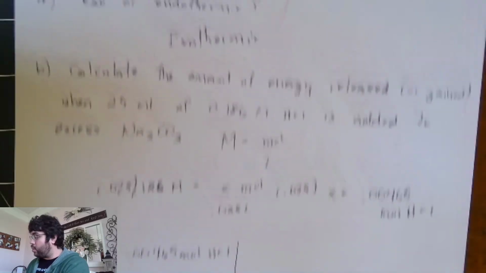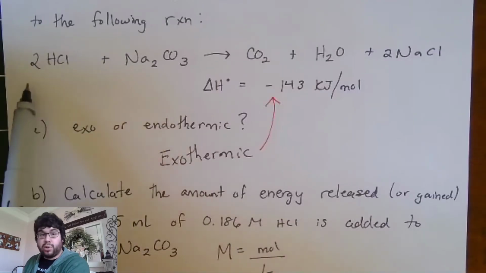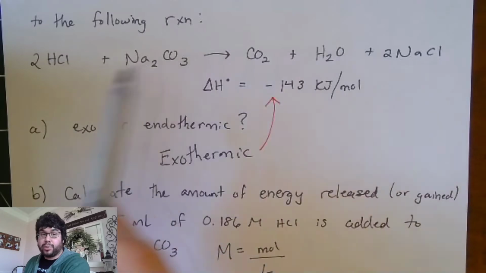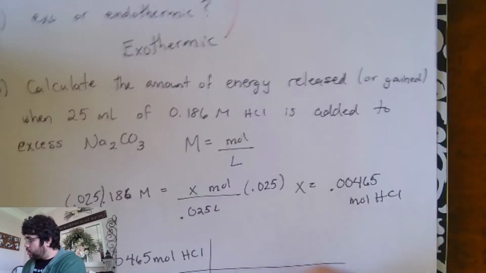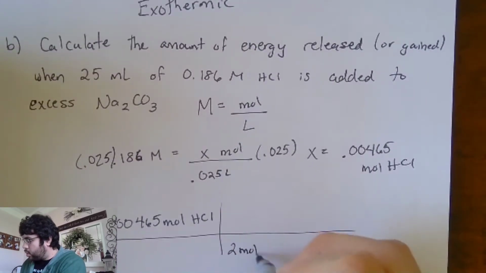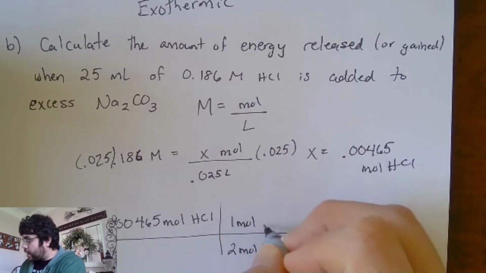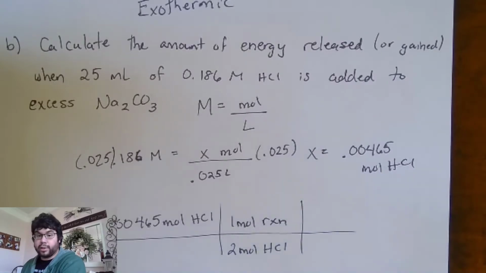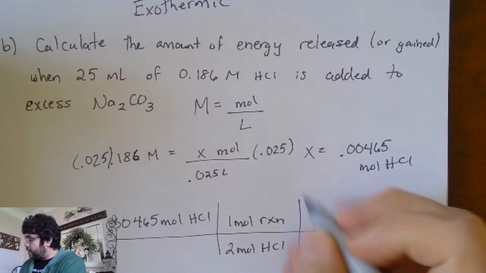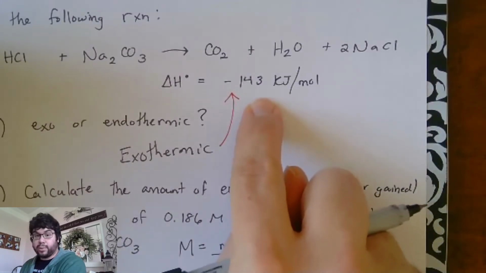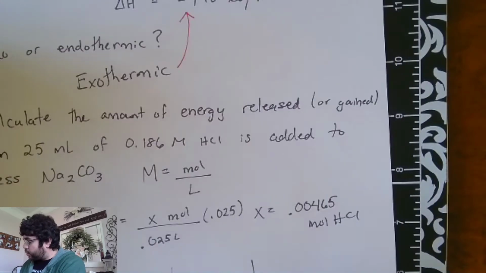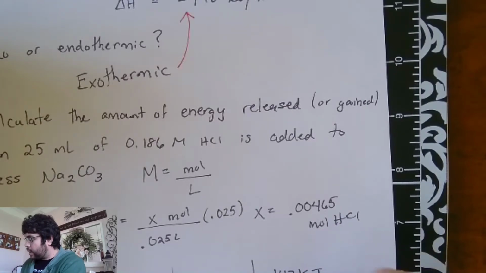So how many moles of HCl are consumed in one cycle of this reaction? 2 are. So 2 moles of HCl are consumed every 1 mole time the reaction occurs. Okay, and next is where I use the enthalpy. So for every mole time the reaction occurs, negative 143 kilojoules of energy are released.